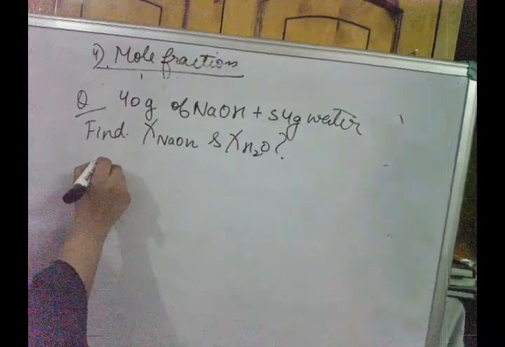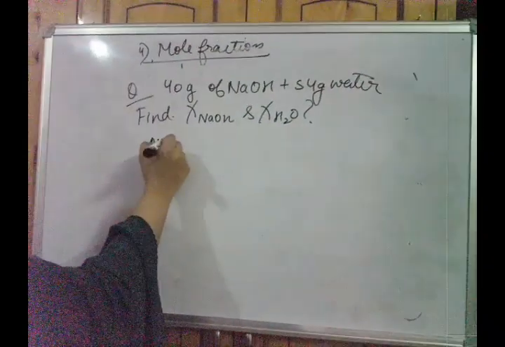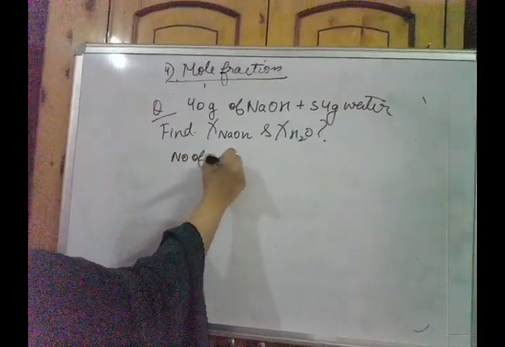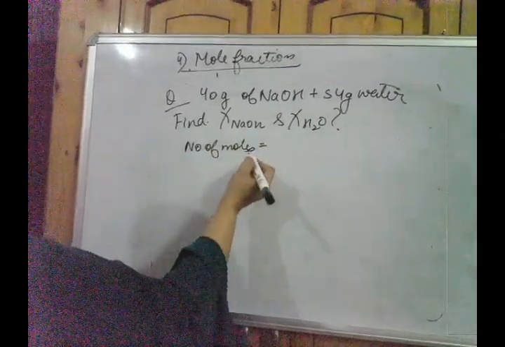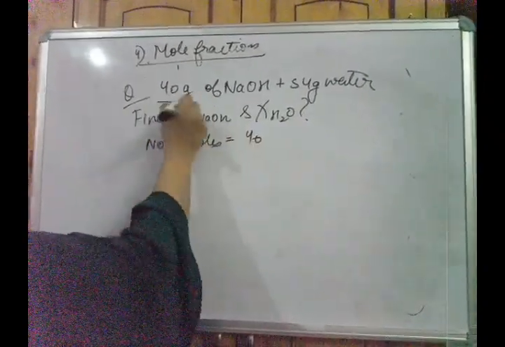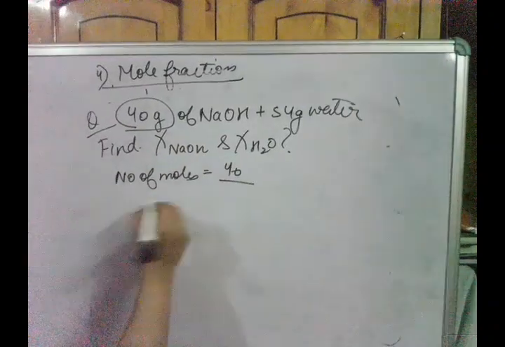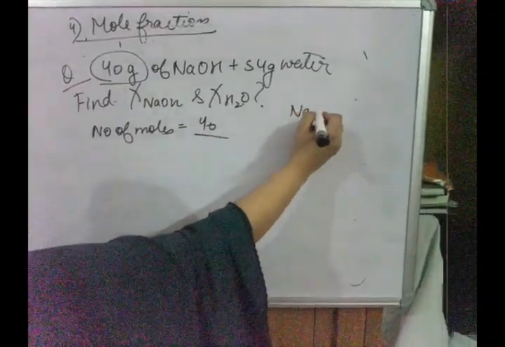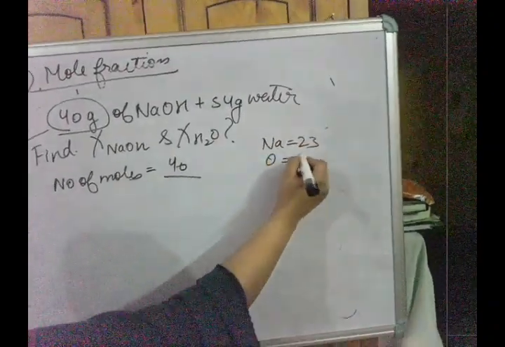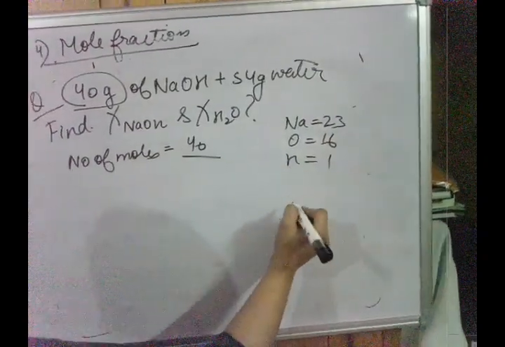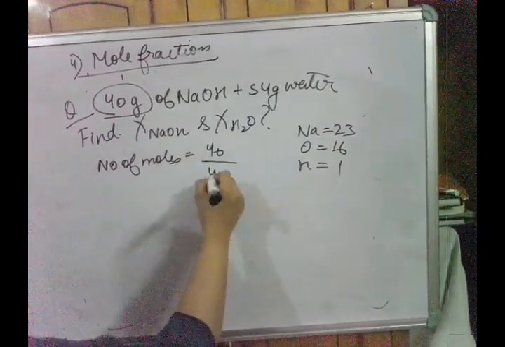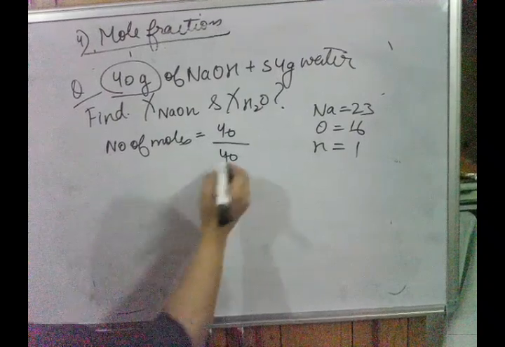Simply, first of all, for mole fraction, you know you have to calculate number of moles. Number of moles, again you know, is given mass that is given to you over molecular mass. For NaOH, Na 23, oxygen 16, H again 1. So if we add it, NaOH comes out to be 40.